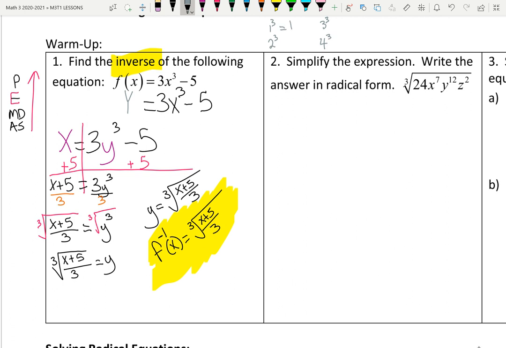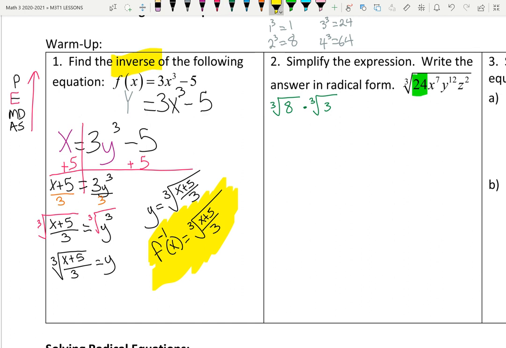Those are 1, 8, 27, and 64. These are the first 4 perfect cubes. I'm going to rewrite the cube root of 24 as the cube root of 8 times the cube root of 3, since 8 times 3 equals 24.